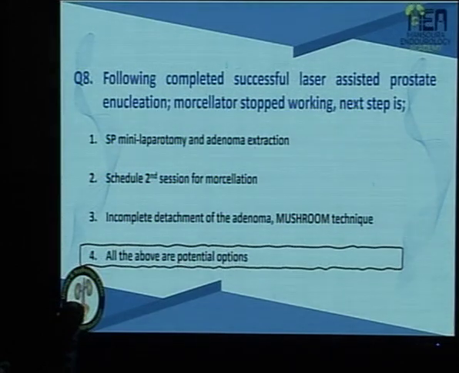Because if you leave the adenoma inside for 3 to 5 days and then you come again, you can manage in 5 to 10 minutes with morcellation efficiency up to 25 grams per minute, because the adenoma over time gets softer, shrinks, and gets easier to be morcellated. So it's a good option if your patient will accept a very short second session instead of a suprapubic mini laparotomy.